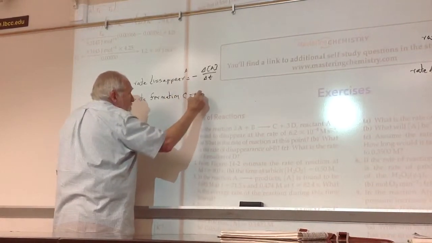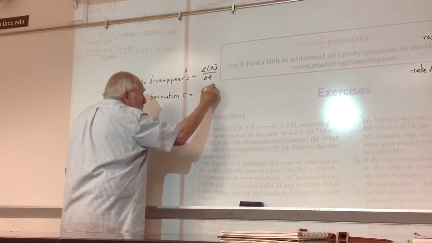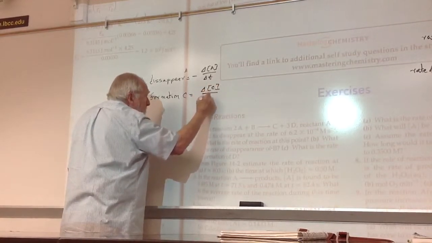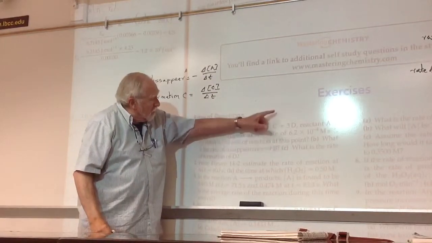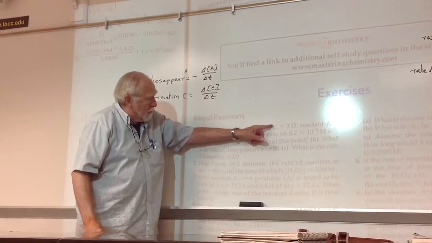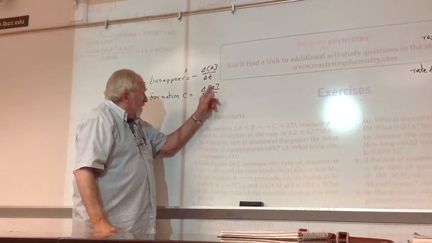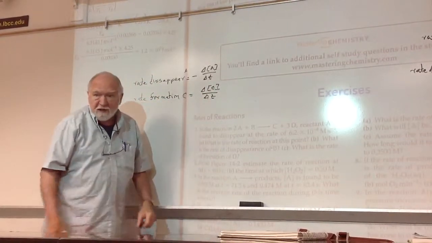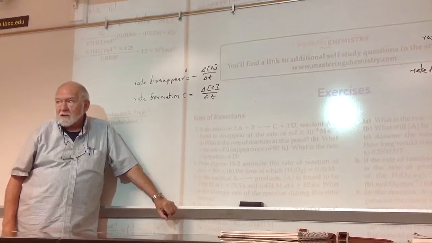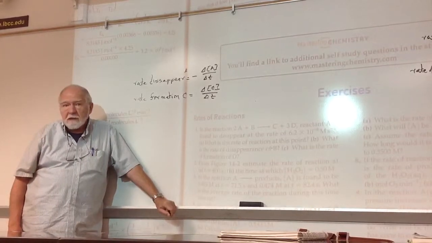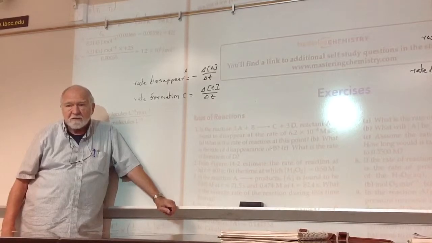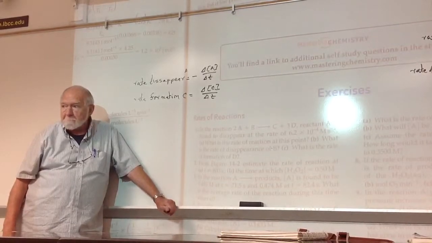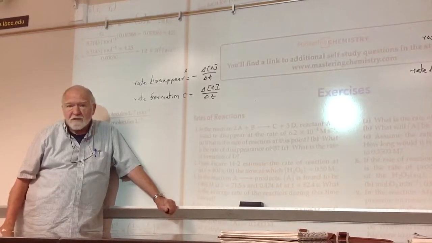C, it's going to be equal to, now as this starts being produced, the final number is always going to be bigger than the initial number, so this comes out positive. No sign here, it's a positive number. That's what you have to do to be consistent with what's being done in the textbook. Okay. Any other questions about that?